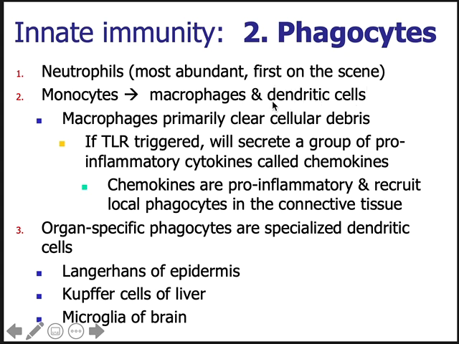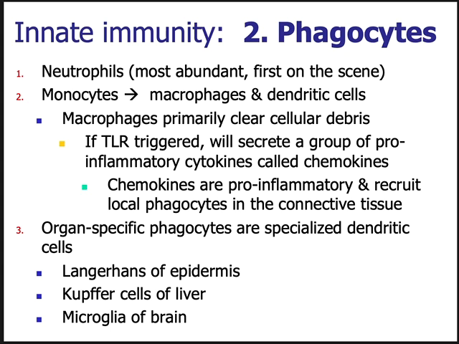Dendritic cells are a very important middleman between innate and adaptive immunity. So dendritic cells are able to take up a pathogen and digest it and display antigens from that pathogen. And so for this reason, dendritic cells as well as macrophages are called antigen presenting cells.